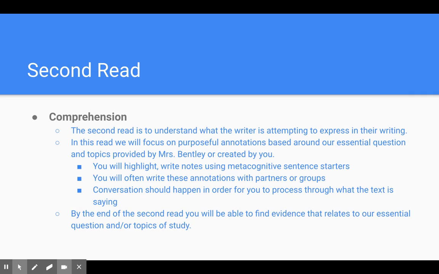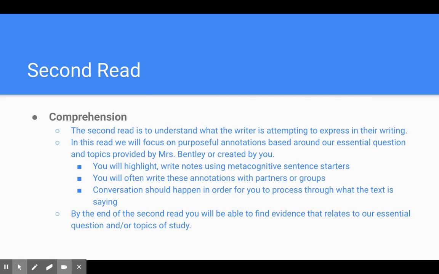The second read is comprehension. It is to understand what the writer is attempting to express in their writing. In this read, we'll focus on purposeful annotations based around the essential question and topics. Oftentimes, I'll provide topics for you that address the essential question, or maybe you'll create your own topics.